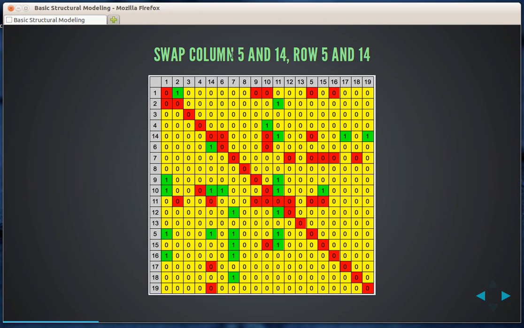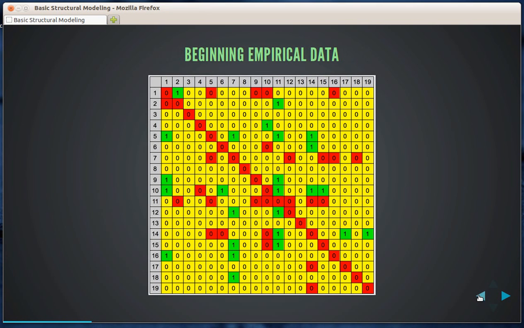So here we swap column 5 and 14 and row 5 and 14. And you can see here's 14, and 5 is down here. 14 is over here and 5 is over here. So you can see 14 and 5. That was this green one.